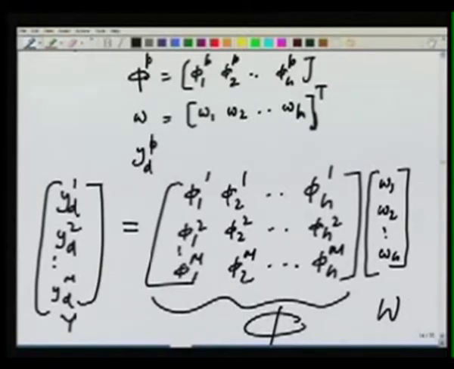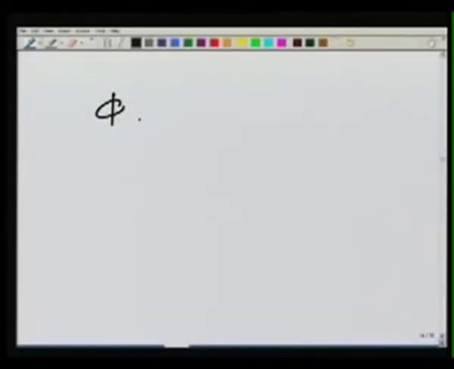Y is an m by 1 vector, W is an h by 1 vector, and phi is an m by h matrix. So, the solution will be that capital Phi into W is Y. This is m by h, h by 1, and this is m by 1.